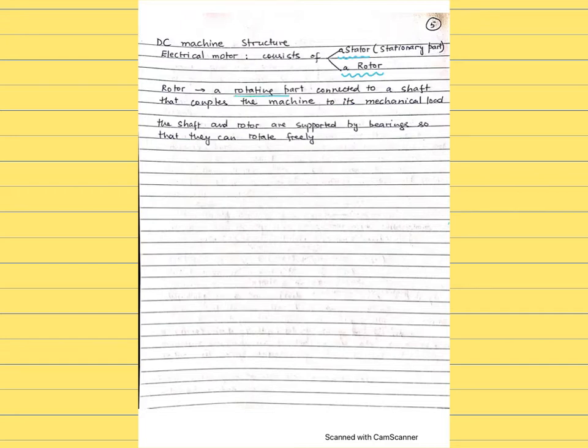And the rotor is sometimes called the armature as well, especially in a DC motor or DC generator. So the rotor is the rotating part that's connected to a shaft that couples the machine to its mechanical load. The shaft and the rotor are supported by the bearings so that they can rotate freely.